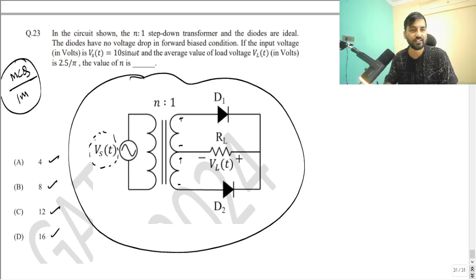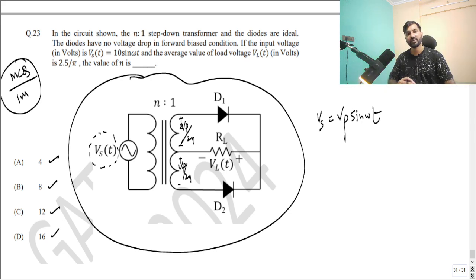Remember that, let's say the Vs is going to be Vp sin omega t. You should know that the drop across this is going to be Vp by 2n and Vp by 2n. That is very important to keep in mind.